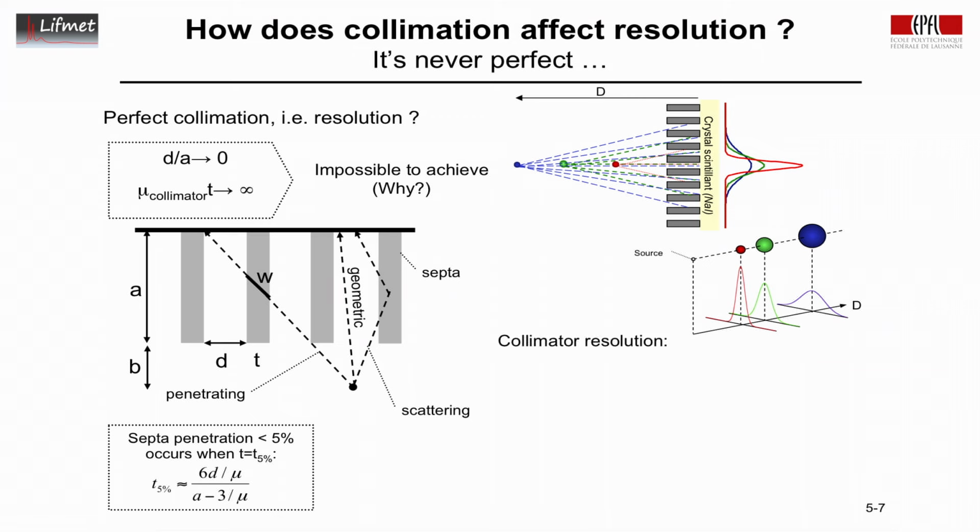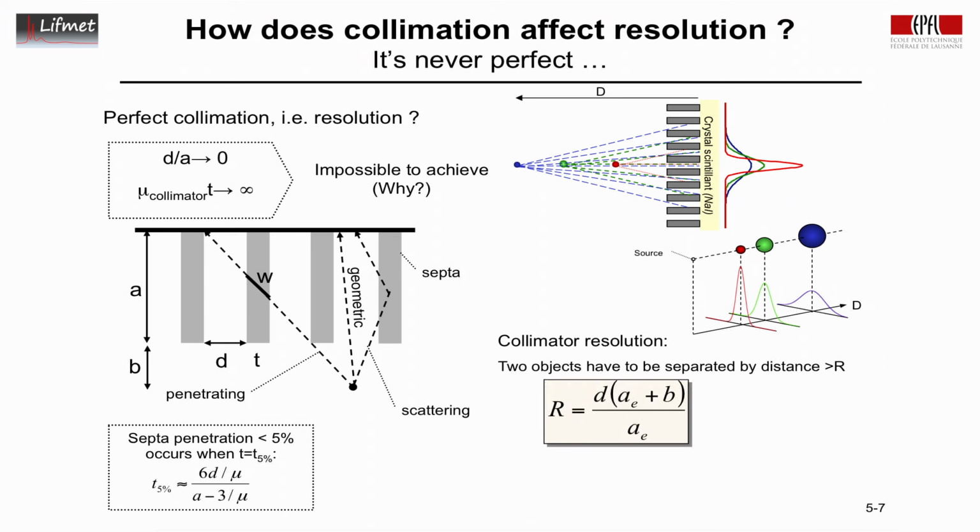So we can put an empirical equation to describe collimator resolution. And this is again from the literature. I won't derive it. You have an exercise where you can derive it with slightly different geometrical conditions. So we can say in a loose way, the objects are resolved if they are separated by a distance big R. This distance big R is proportional to the distance of separation of the septa.